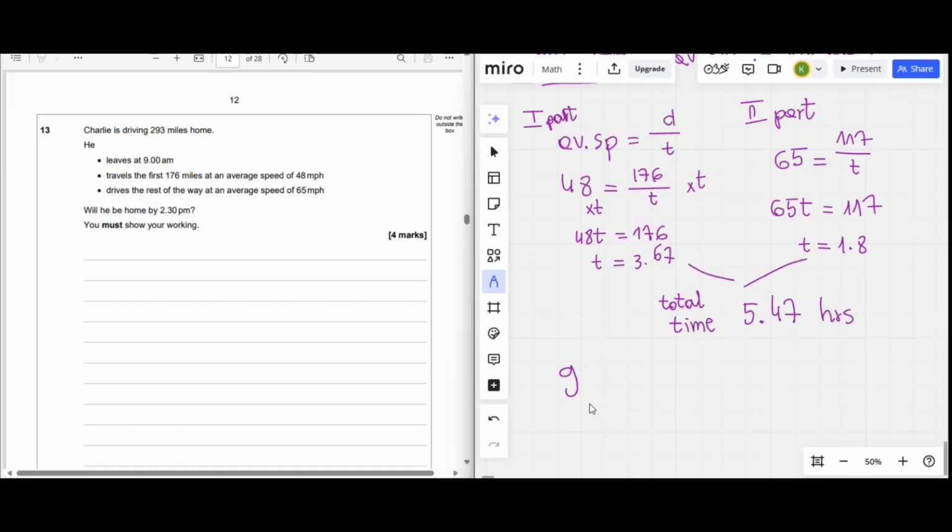So we have 9 a.m. started plus 5.47 hours. Will that be more or less than 2:30? What do you think?